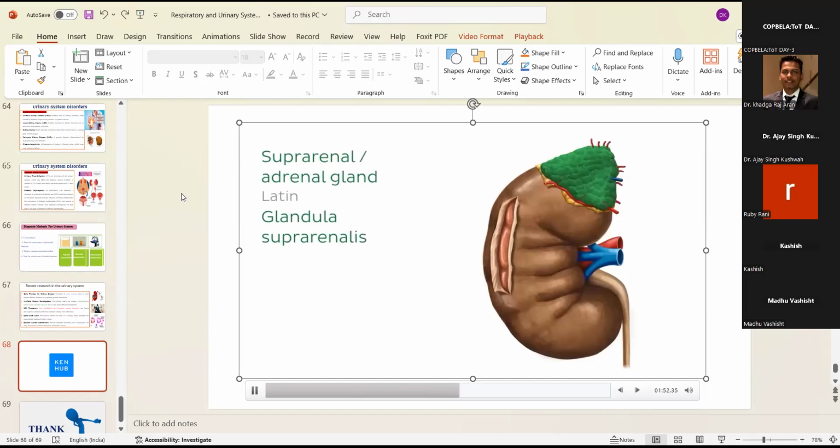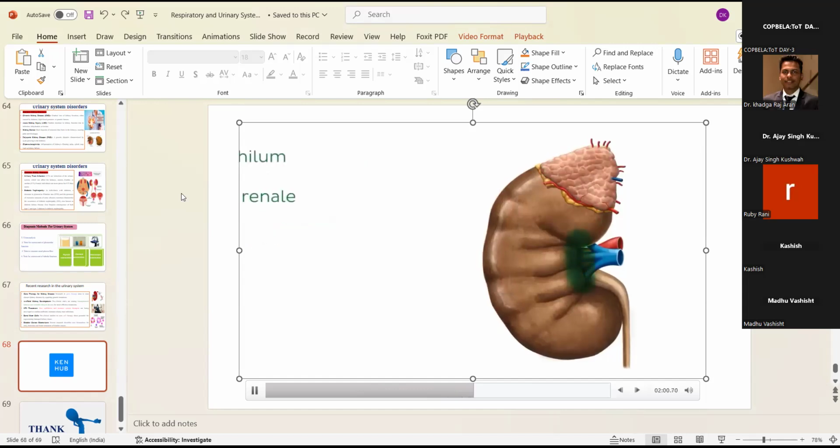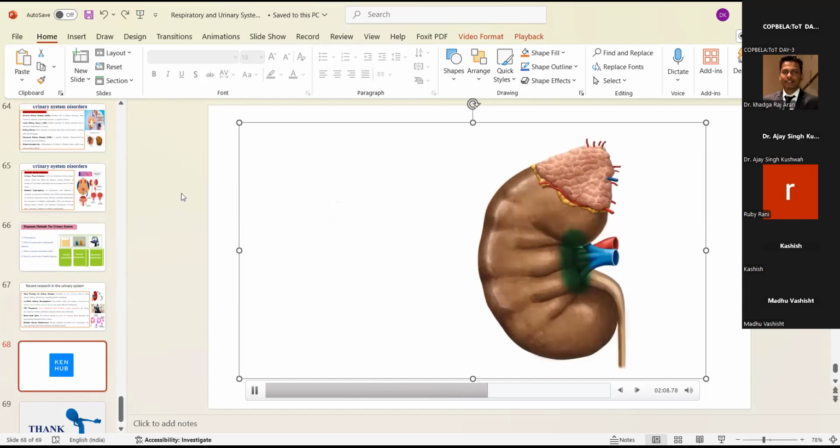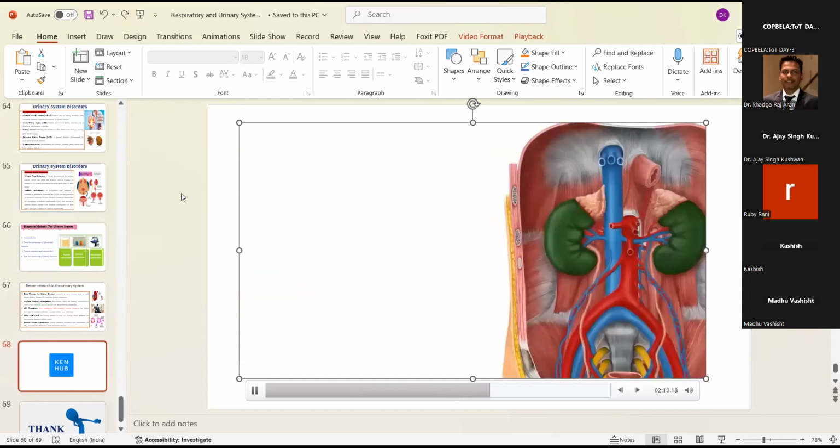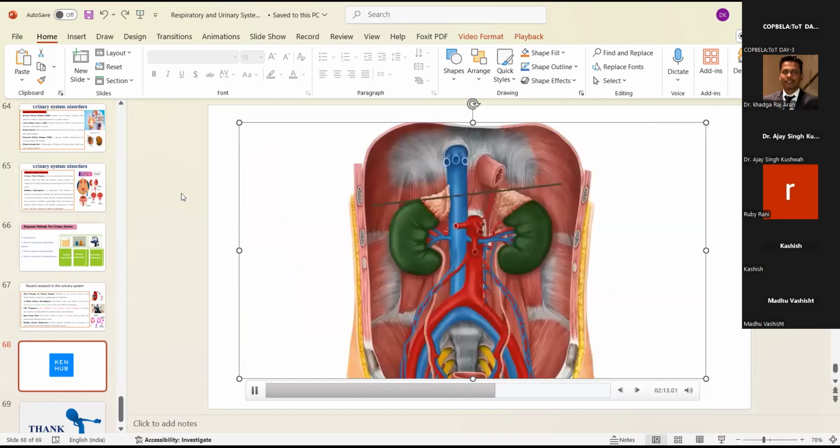Now, these glands are not part of the urinary system and function instead as part of the endocrine system. Don't forget that. At the medial border of each kidney is the renal hilum, where the renal arteries, renal veins, and the renal pelvis enter and leave the kidneys. Note that the right kidney sits slightly lower than the left kidney, since it sits posterior inferior to the liver. And by posterior inferior, I mean basically underneath.